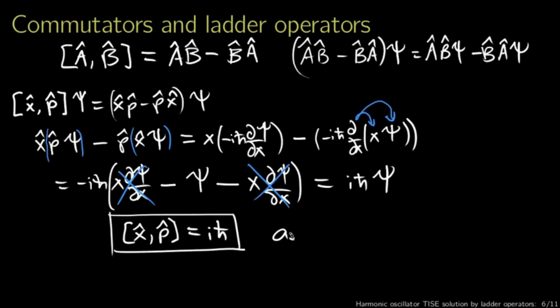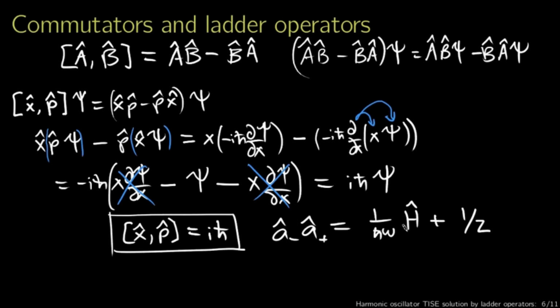When we evaluated a minus hat a plus hat, we ended up with 1 over h bar omega times the Hamiltonian plus some constants. And if you flip back a slide, the i h bars end up actually canceling out, and we just end up with plus a half for our constant.